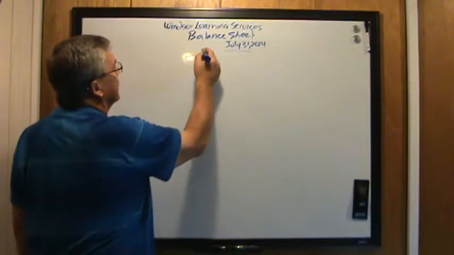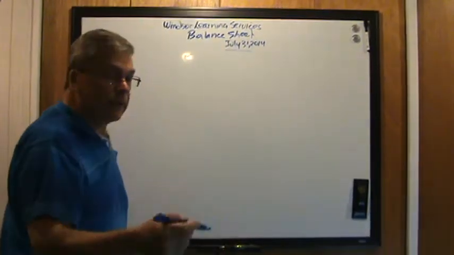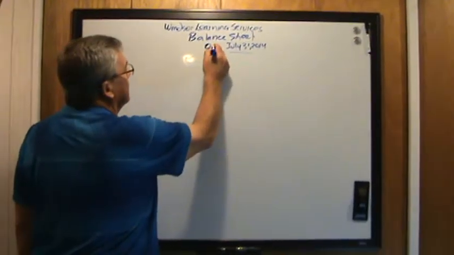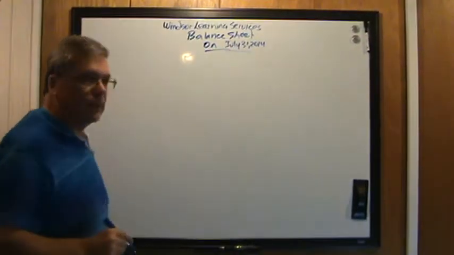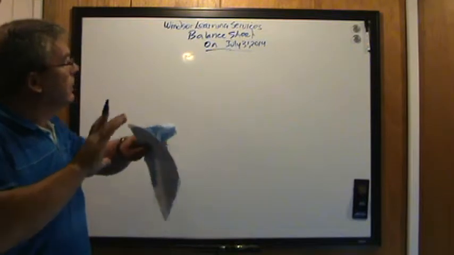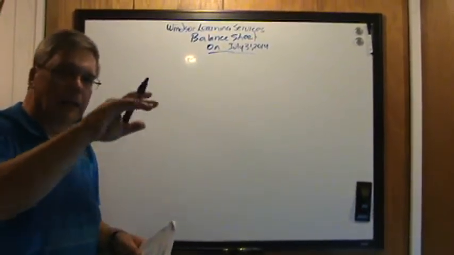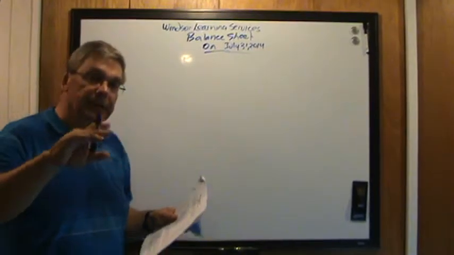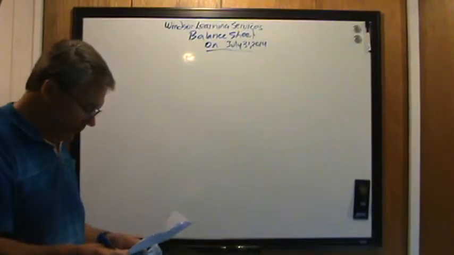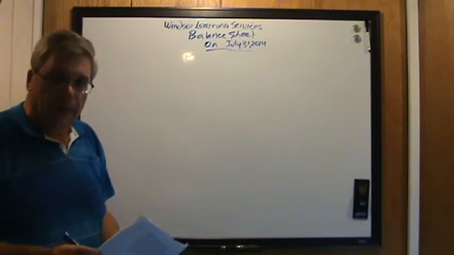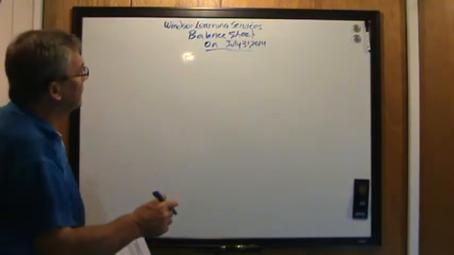So you can say as at July 31st or on July 31st is okay as well. That's part of the formal aspect of the three different lines in the titles of all of these different statements. Okay, let's get going on the balance sheet.